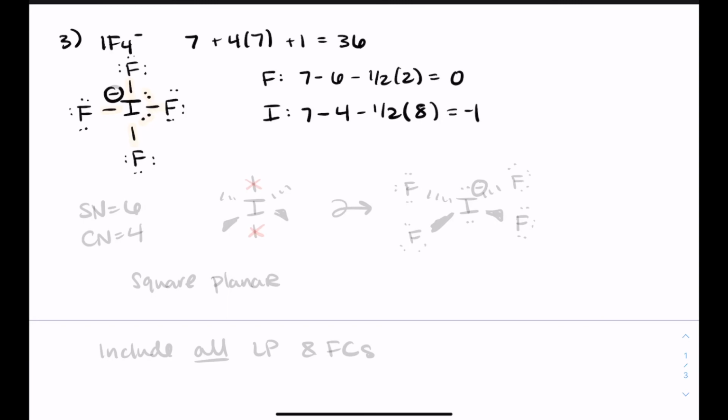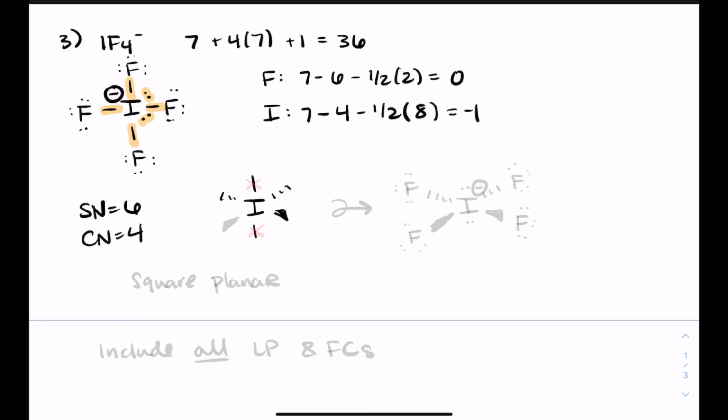All right. So 6 things, but the coordination number is 4. So around iodine, I have my electron geometry that is octahedral. So six things around it. Put in a lone pair on any spot, and then the second lone pair is just going to go as far away from the first one as it can get.